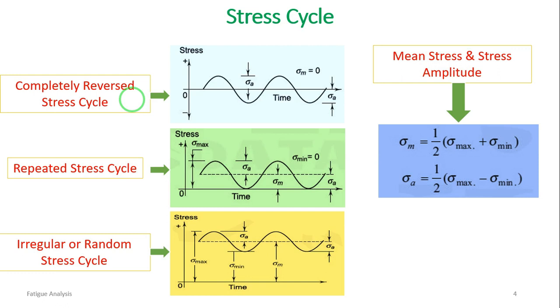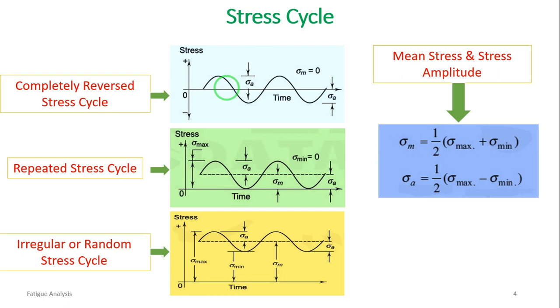So we have loading of equal magnitude but in opposite directions. In this case, the mean stress is 0 because the maximum stress and minimum stress are equal in magnitude and opposite in direction, that is, tensile and compressive stresses. So the mean stress is 0 and the stress amplitude is equal to the maximum stress.